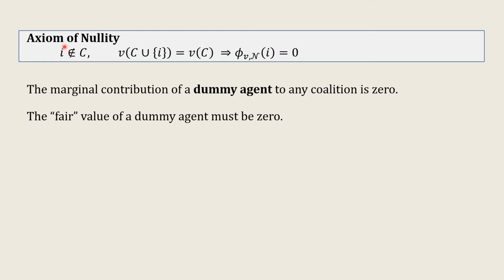Now, if there is such an agent that doesn't contribute anything to any coalition, including itself, note that the C here could be the null coalition, in which case value of I is equal to value of the null coalition, which we've assumed from the start is equal to 0. So the value of I itself is 0 and the marginal contribution of I to any other coalition is also 0. Such an agent is called a dummy agent, and it does not get any payoff in the fair value.